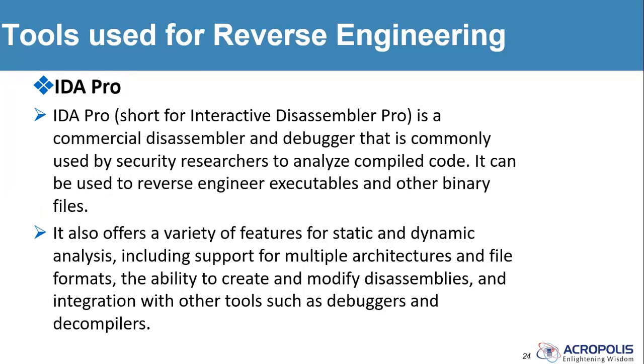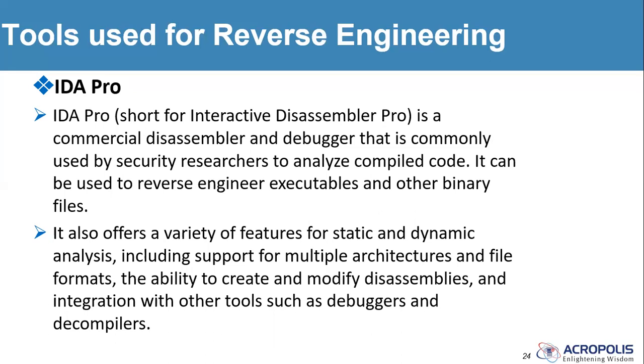And the last is IDA Pro. IDA Pro is short for Interactive Disassembler Pro. It is a commercial disassembler and debugger that is commonly used by security researchers for analyzing compiled code. It can be used to reverse engineer executables and other binary files.